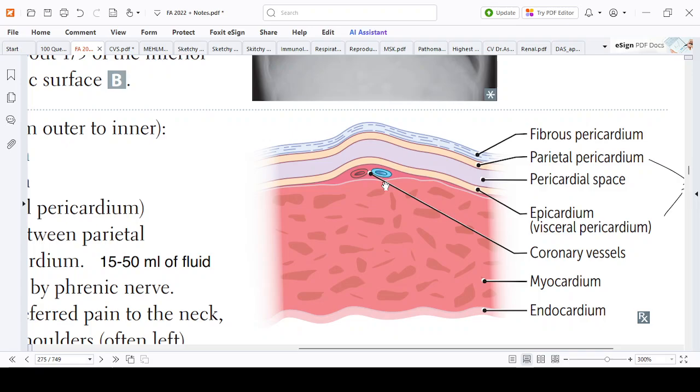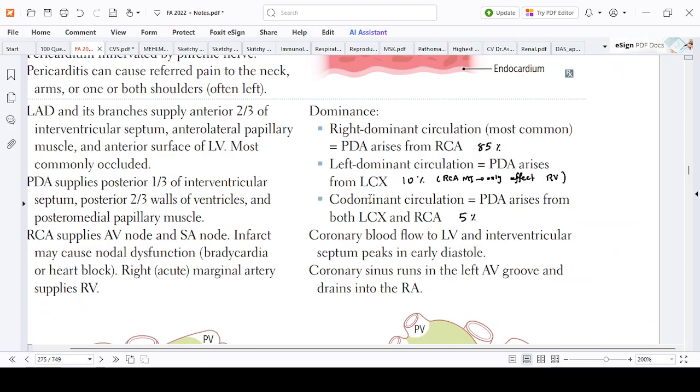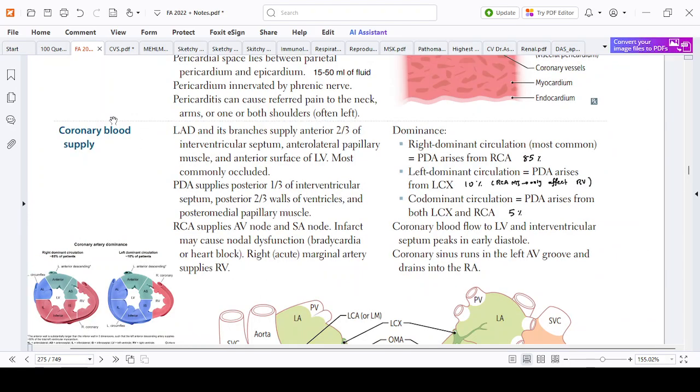Now, the coronary blood supply is high yield, and we must know that the LAD and its branches basically supply the two-thirds of the interventricular septum, the anterolateral papillary muscles, and the anterior surface of the left ventricle.